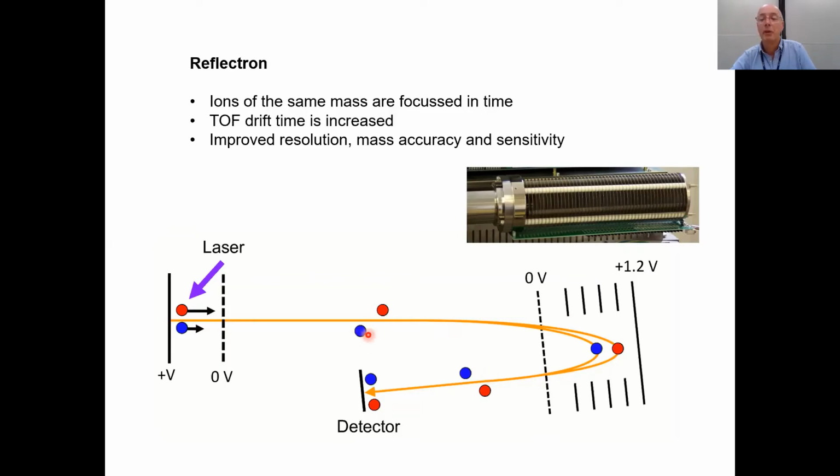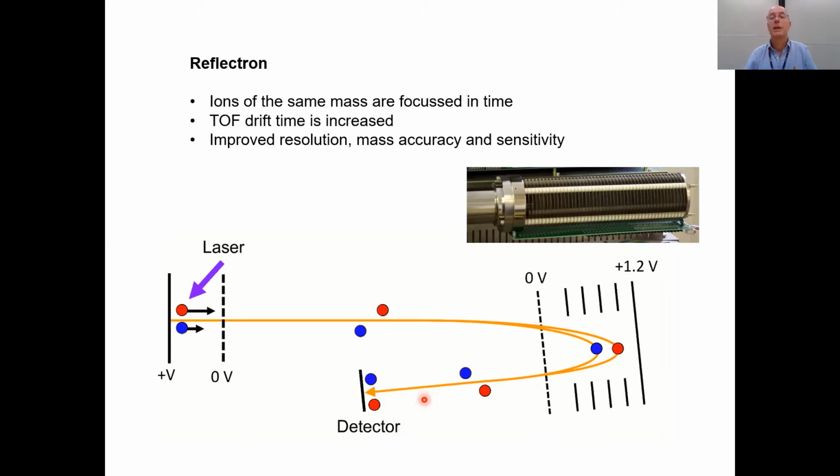The slower blue ion has less kinetic energy, so it's not able to penetrate as far, so it will only come to this distance, and then it's accelerated out again. So as these ions leave the Reflectron and reach the detector, they will reach the detector at the same time, so they're focused in time.